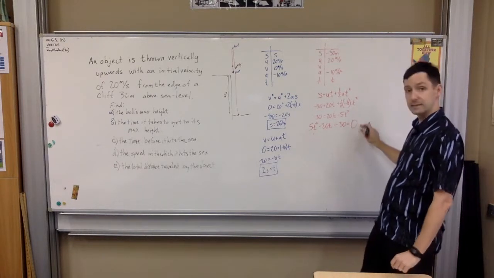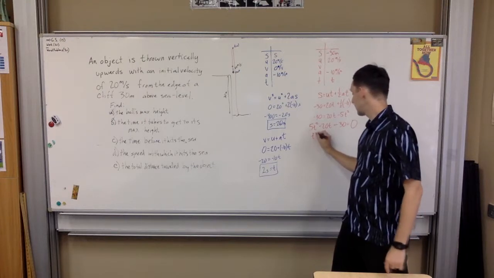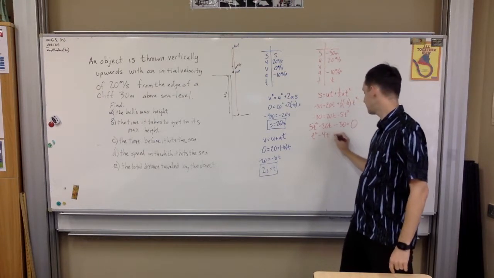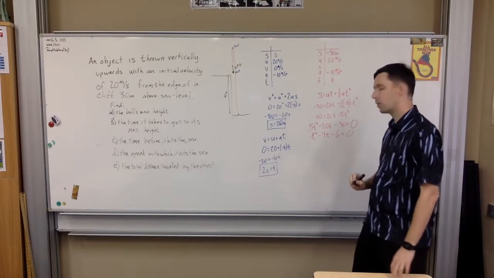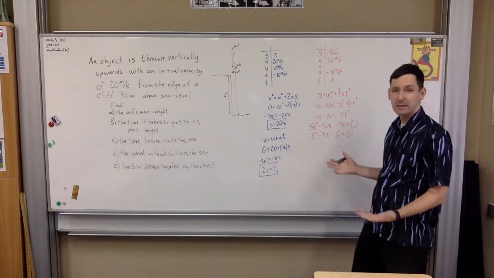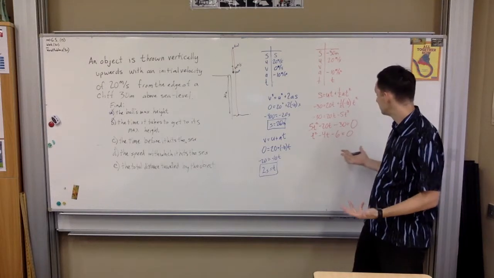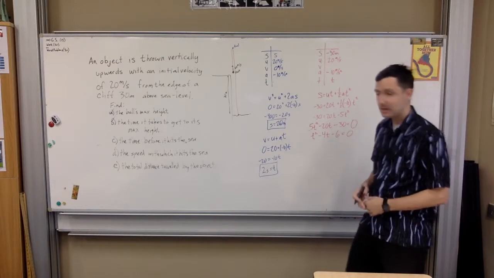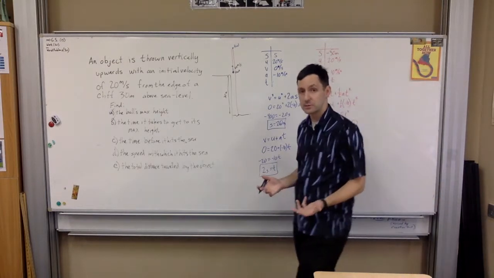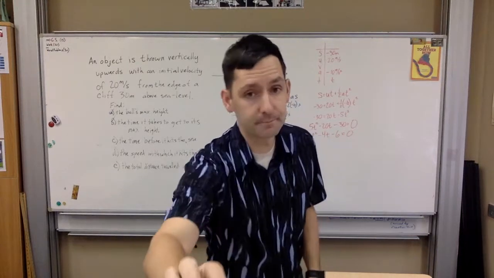I can do that because I got a 0 over here. So I got t squared minus 4t minus 6 equals 0. At this point, if I could factor, I would, but I can't. So I need to solve for t by using quadratic formula. So go ahead, solve for it. Let me know what you get.